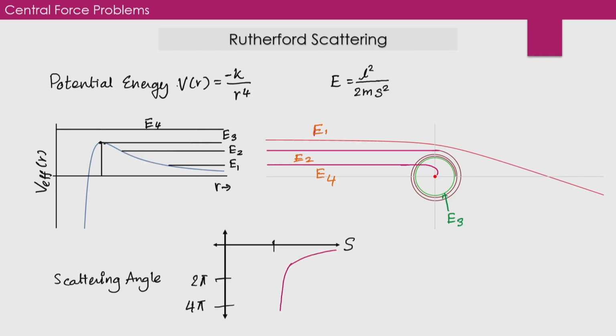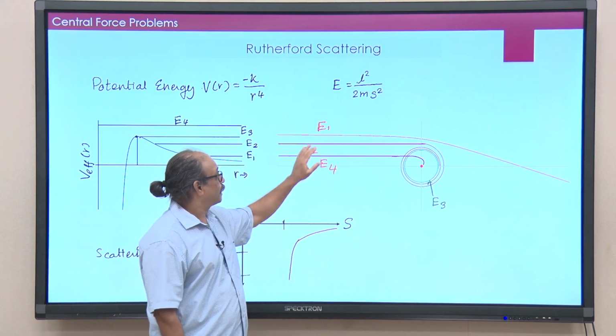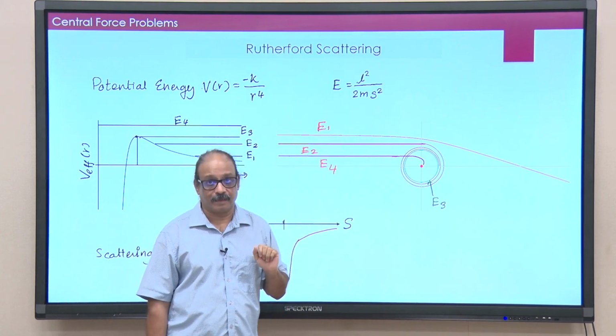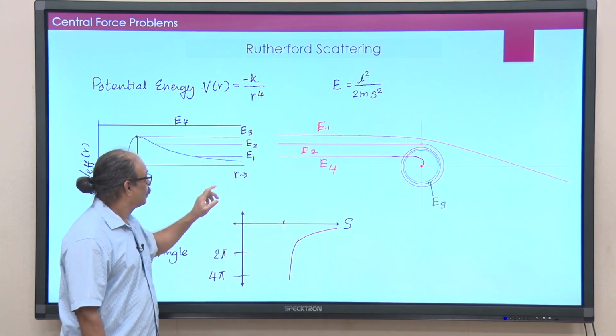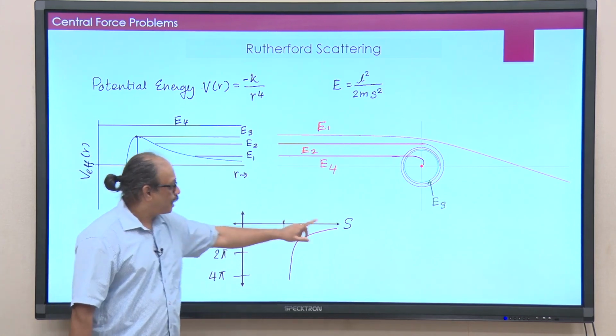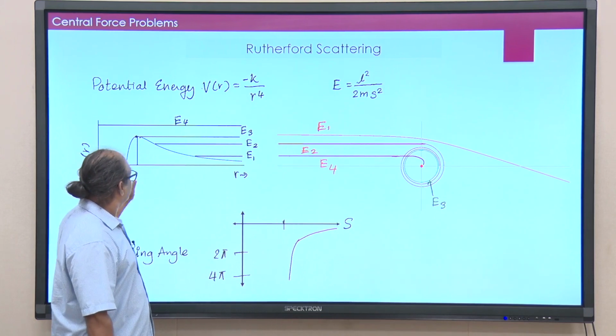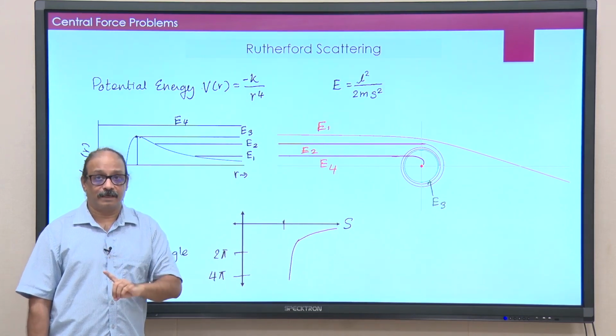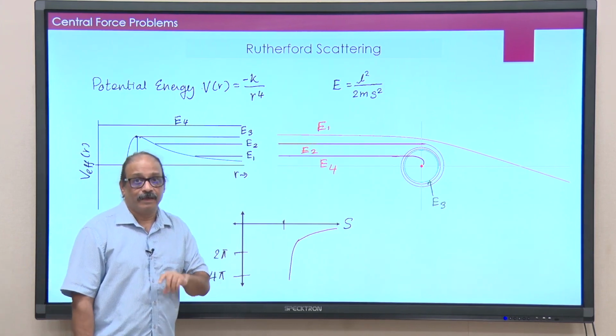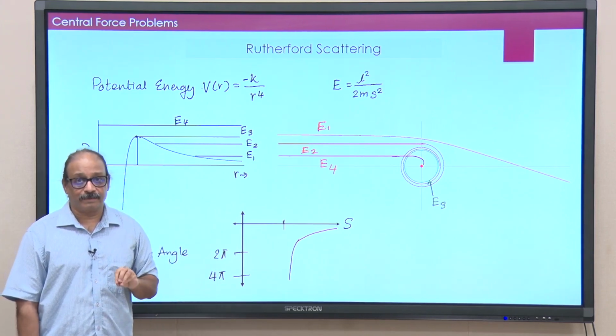Okay. What happens to the scattering angle? Now, you look at this very neatly. Suppose I take large s, the trajectories would look like E1, because for large s you would have a bigger hump. Remember, large s, large angular momentum, the L square by 2 m r square term is larger.